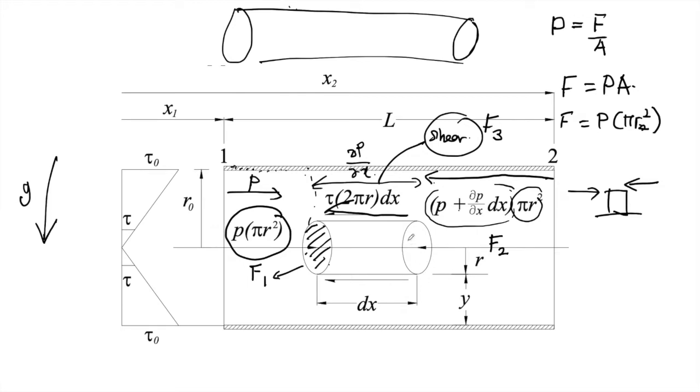That area is from here to the pipe wall. So the pipe wall here is R, and from this pipe wall to the center of the pipe is Y.